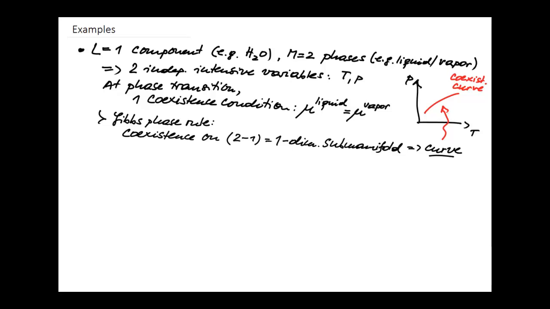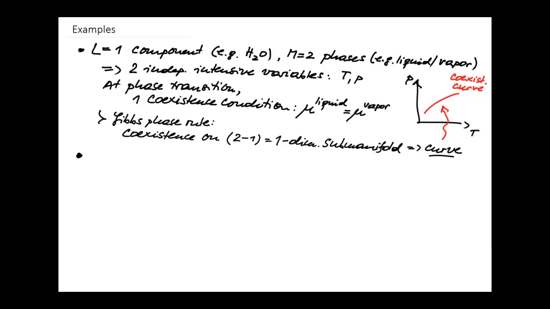So the Gibbs phase rule tells us very generally that this must be a curve. It's not a point, and it's not the entire two-dimensional space. It's a curve.